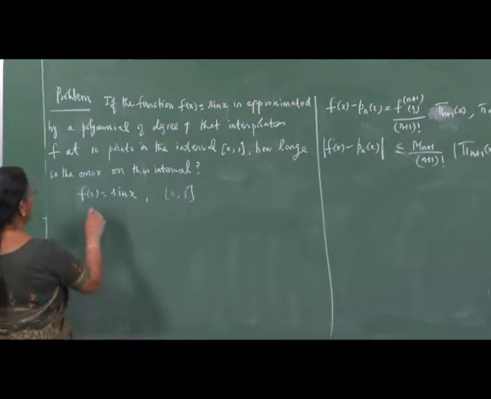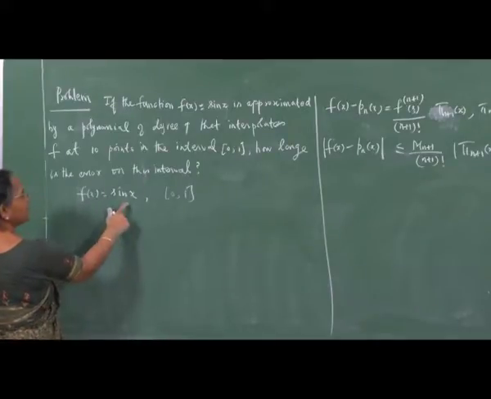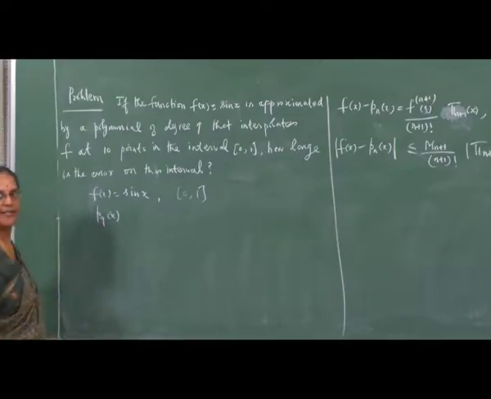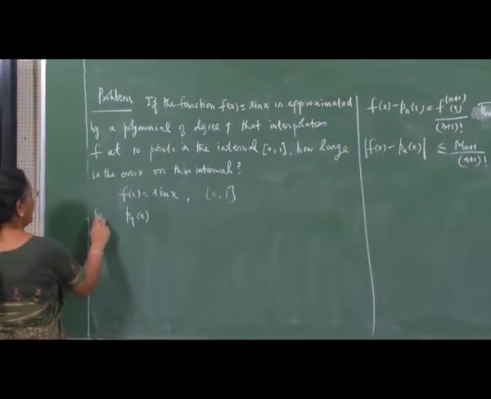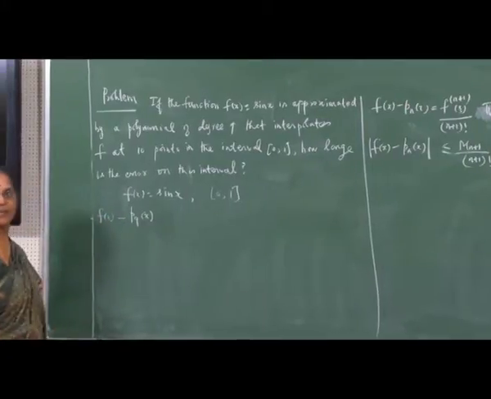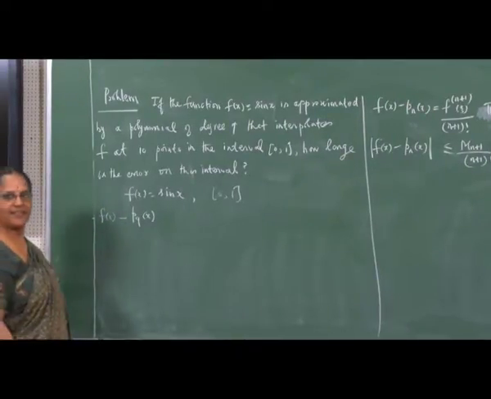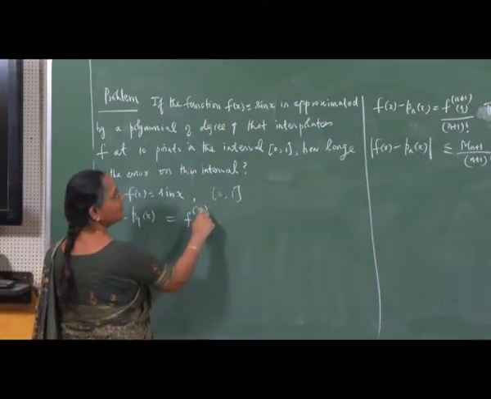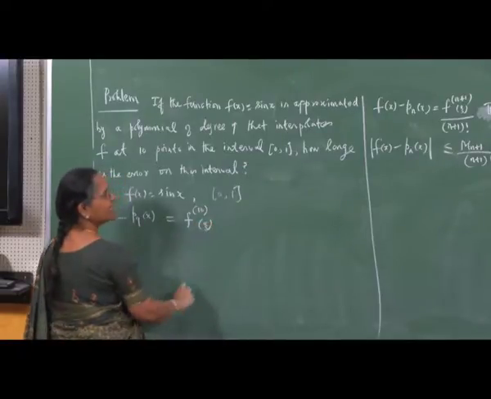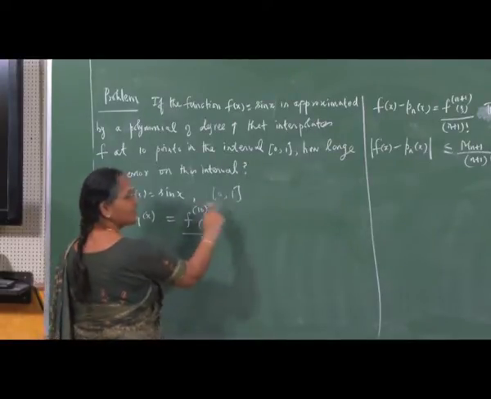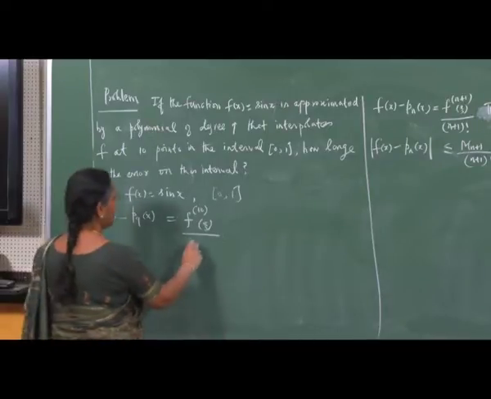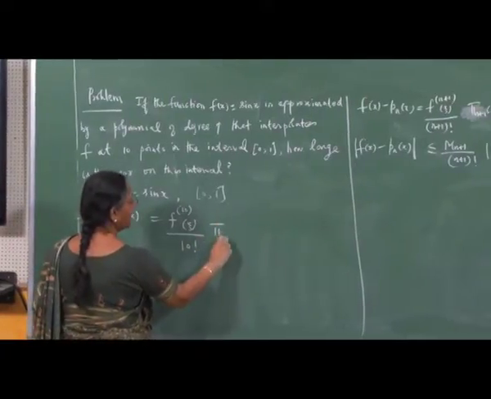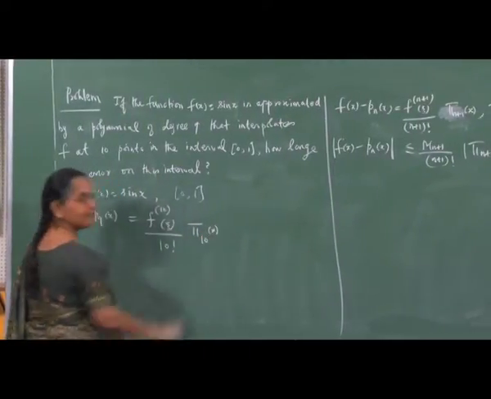The function is approximated by a polynomial of degree 9, so we would like to find f of x minus p9 of x. The theorem says it is equal to the 10th derivative of this function at some psi belonging to the open interval (0, 1), divided by 10 factorial, multiplied by pi 10 of x.